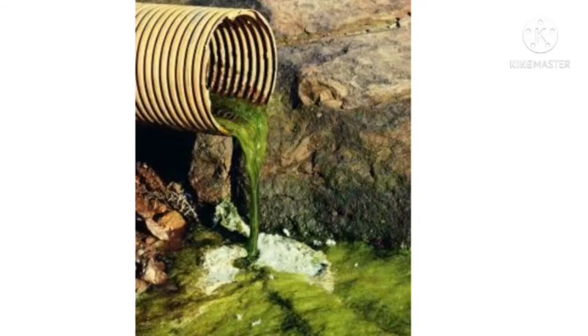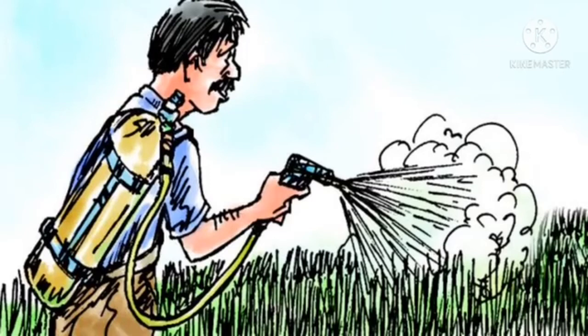The top fertile soil at the garbage dumping site gets polluted, making it unfit for plant growth. Fertilizer and pesticides that are spread on crops contaminate the underground water.